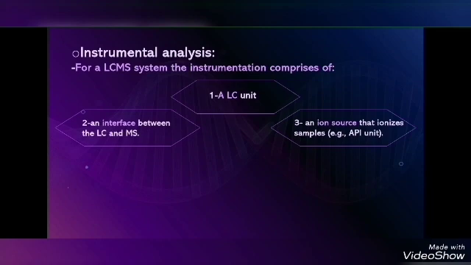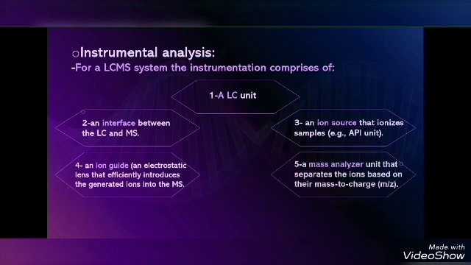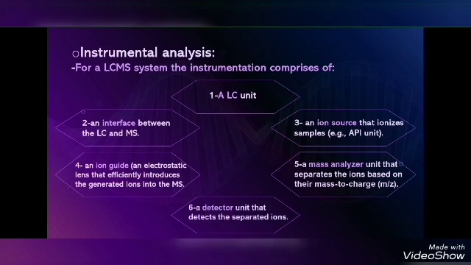An ion source that ionizes samples, such as an API unit. 4. An ion guide, an electrostatic lens that efficiently introduces the generated ions into the MS. 5. A mass analyzer unit that separates the ions based on their mass to charge, m over z. 6. A detector unit that detects the separated ions.